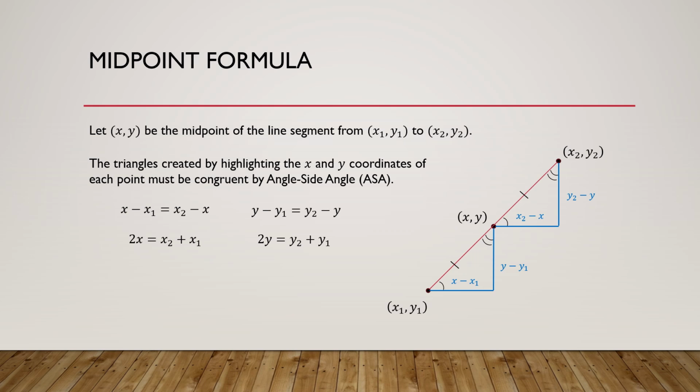Divide both sides by 2 to get x equals (x2 plus x1) over 2, and y equals (y2 plus y1) over 2. These two equations are used to find the midpoint (x, y) between any two established points on our Cartesian coordinate grid.